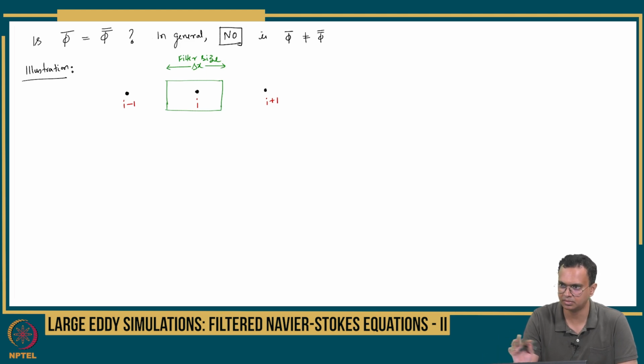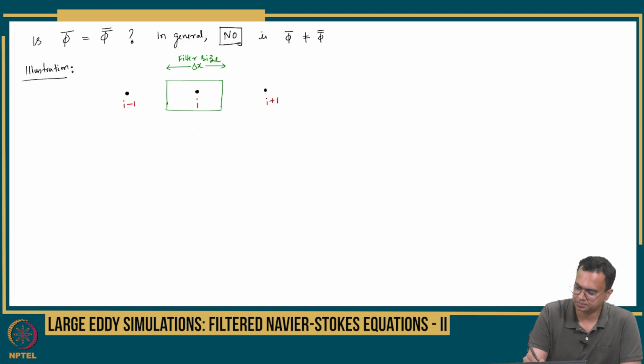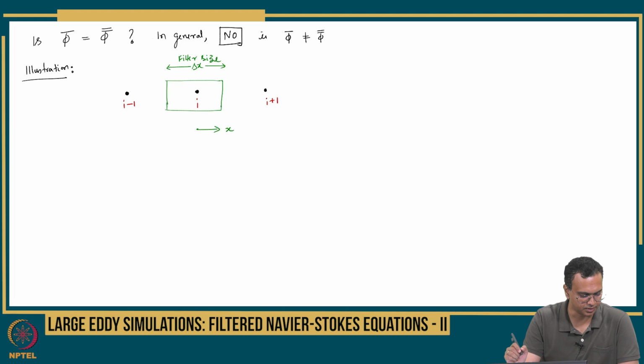Right now, consider that there is a filter around this and I am computing the filtered quantity here.